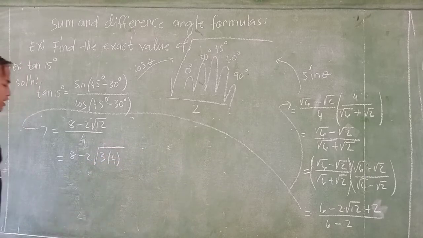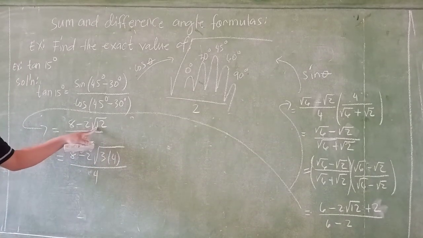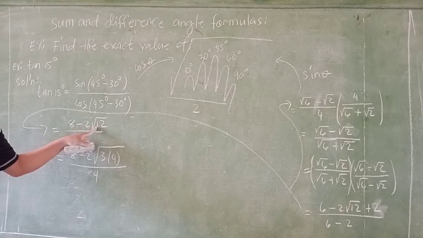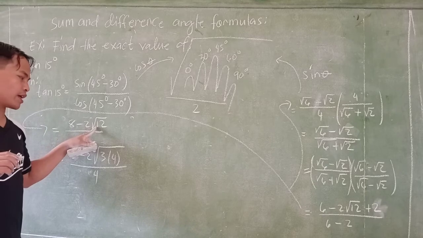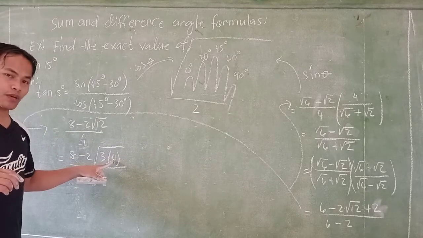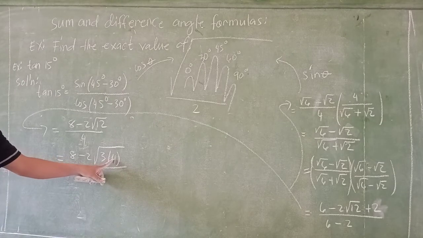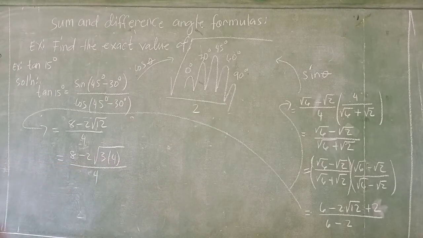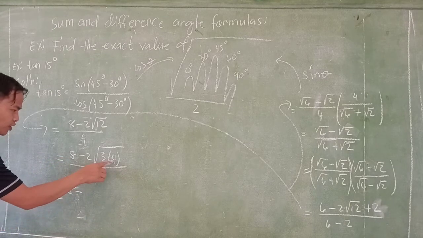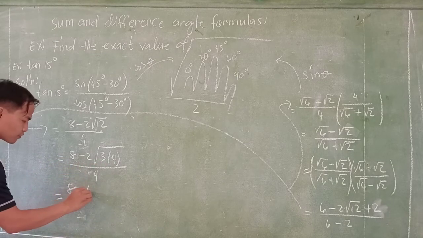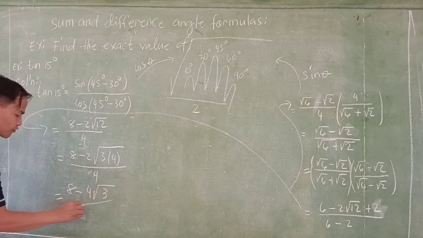Why did we apply 3 times 4? Because 12 has a factor wherein one of its factors is a perfect square and the other one is not. The square root of 4, we know, is 2. So we have 8 minus 2 times 2, which is 4, times square root of 3, over 4.